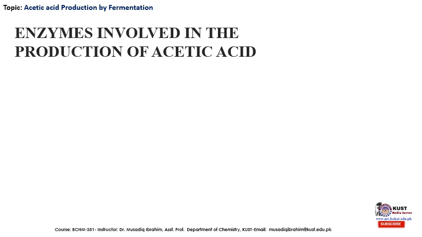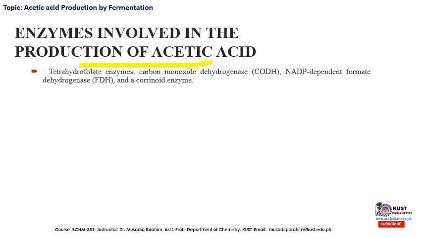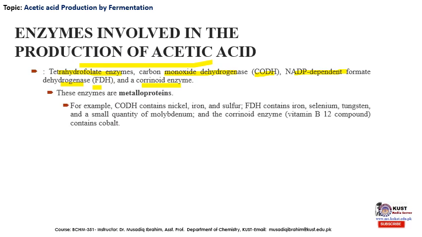Now, the enzymes involved in the production of acetic acid: tetrahydrofolate enzymes, carbon monoxide dehydrogenase, abbreviated as CODH, NADP dependent formate dehydrogenase, for example FDH, and corrinoid enzyme. So these enzymes are involved during the generation of acetic acid.